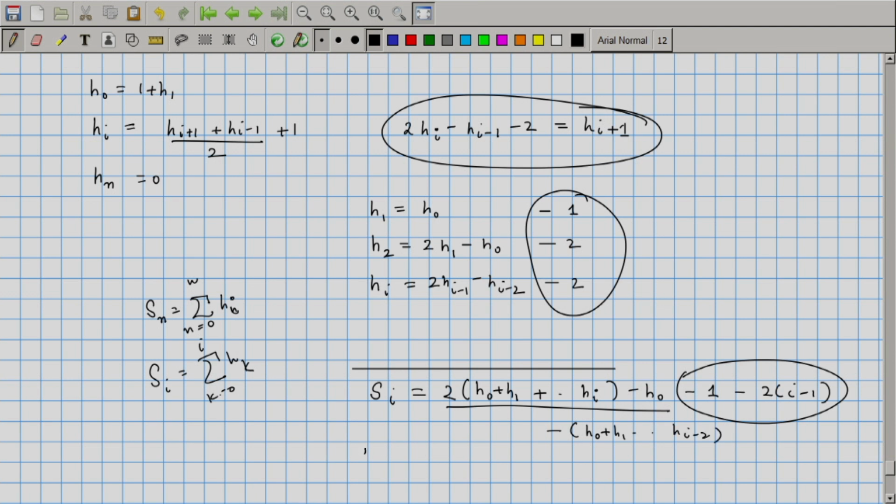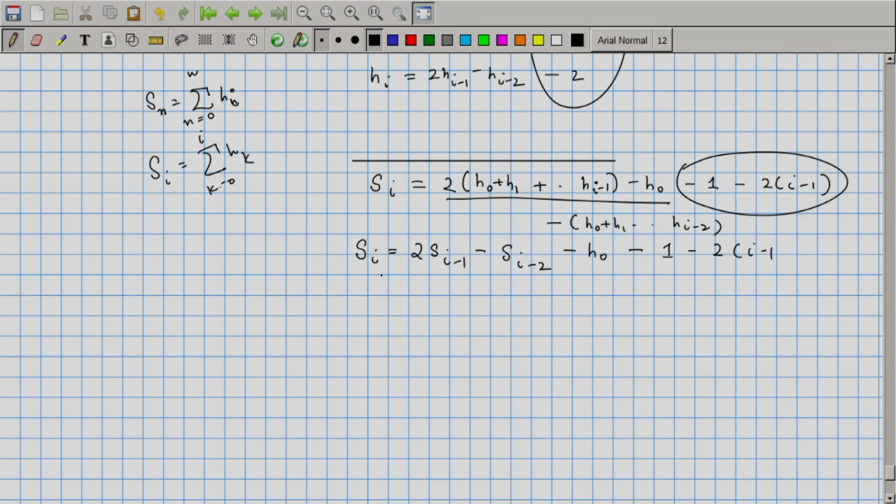So, we can write this as S I is equal to 2 times S I minus 1 minus S I minus 2 minus h 0 minus 1 minus 2 I minus 1.